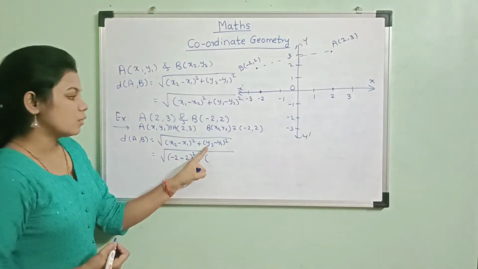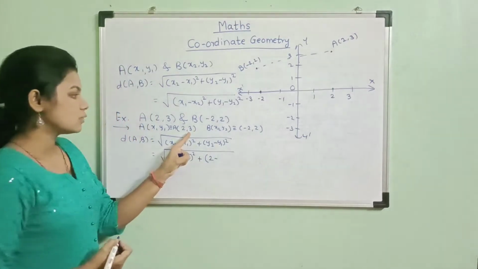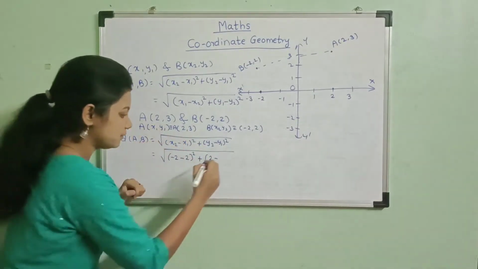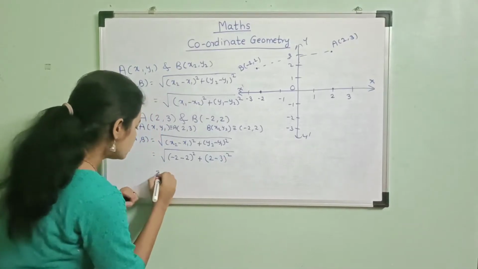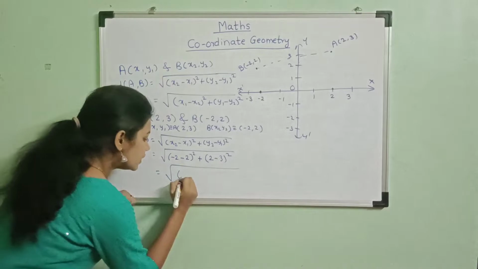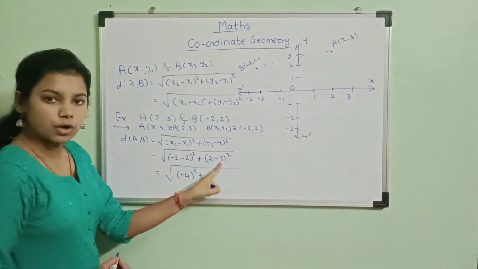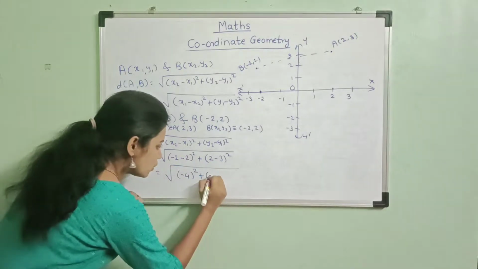Then plus the value of y2, which is 2, minus the value of y1, which is 3. Now calculate these values. -2 minus 2 gives -4 square, plus 2 minus 3 gives -1 square.